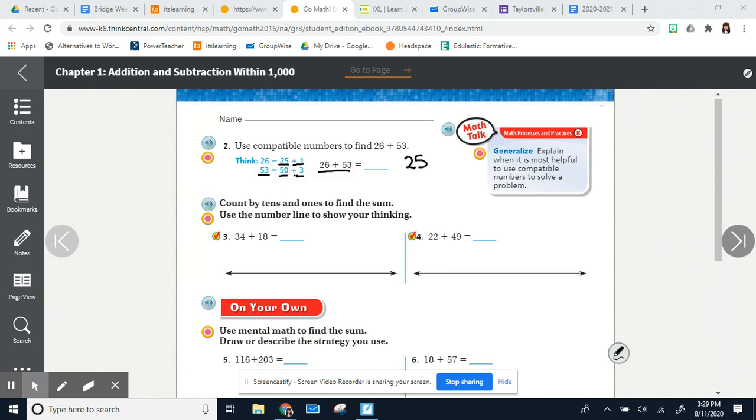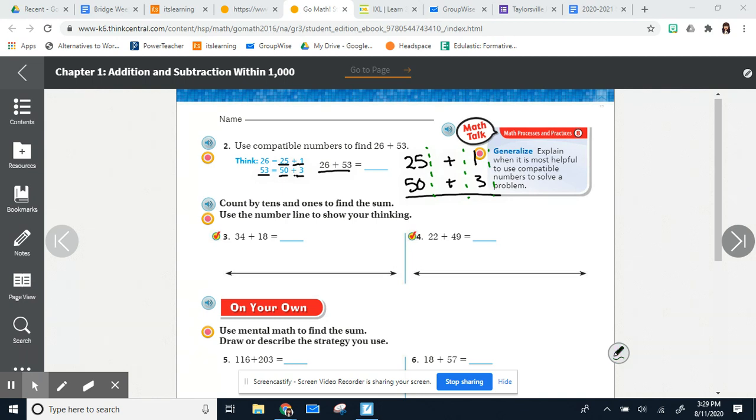And I'm going to space them apart, so that way we can add these columns. So 25 plus 1 and 50 plus 3. Okay? So again, what you do is you just add the columns up.